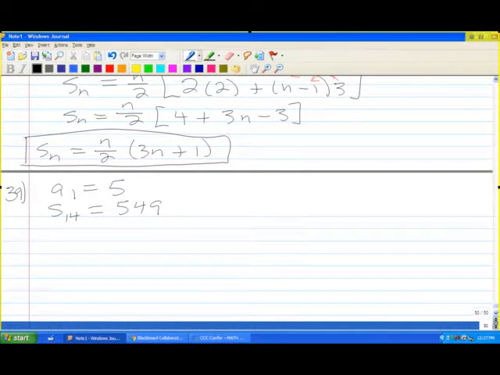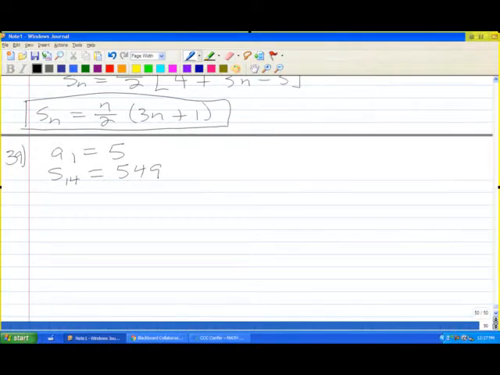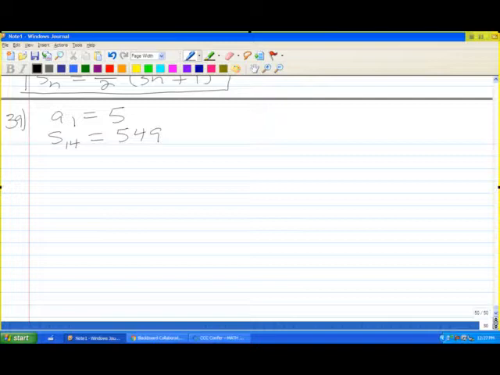So in this case, I know the first term, and I know the sum of the first 14 terms. I can use either the first or second formula for the sum, but if I use the first formula, all that's going to give me is the value of the 14th term, and that really doesn't give me anything. So let's use the second form.